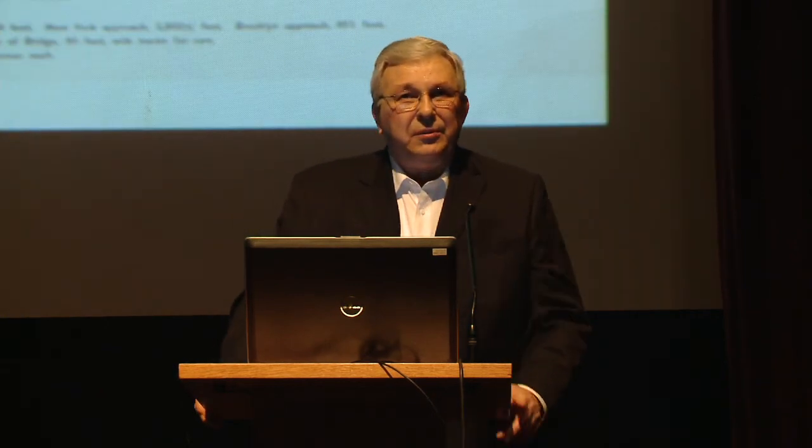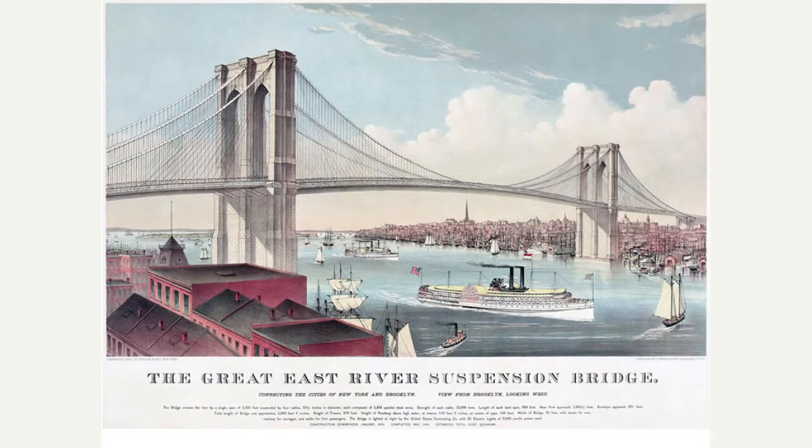John Roebling went on to design the Brooklyn Bridge, one of the most famous bridges in the world. This was completed in 1883, and it today is still considered one of the masterpieces of bridge building. It connected what was then New York City, principally Manhattan, with what was a separate city, Brooklyn.